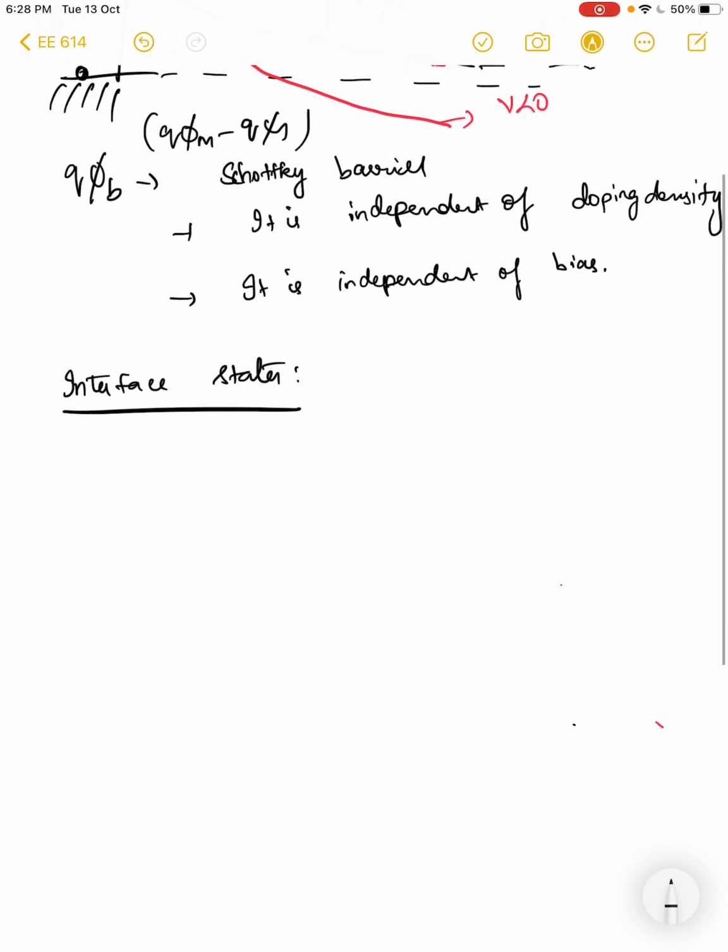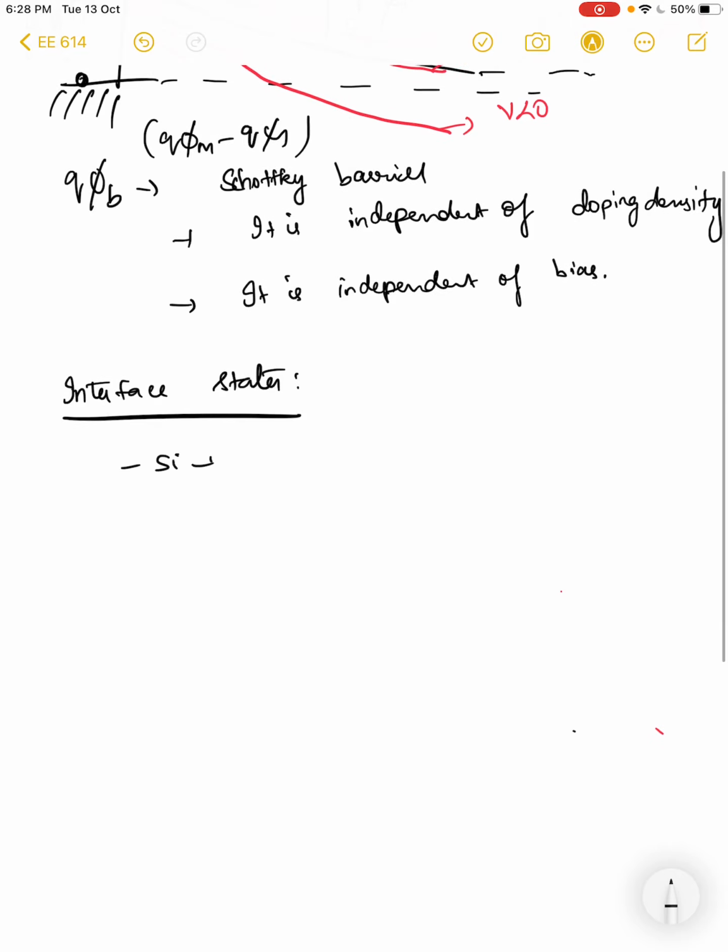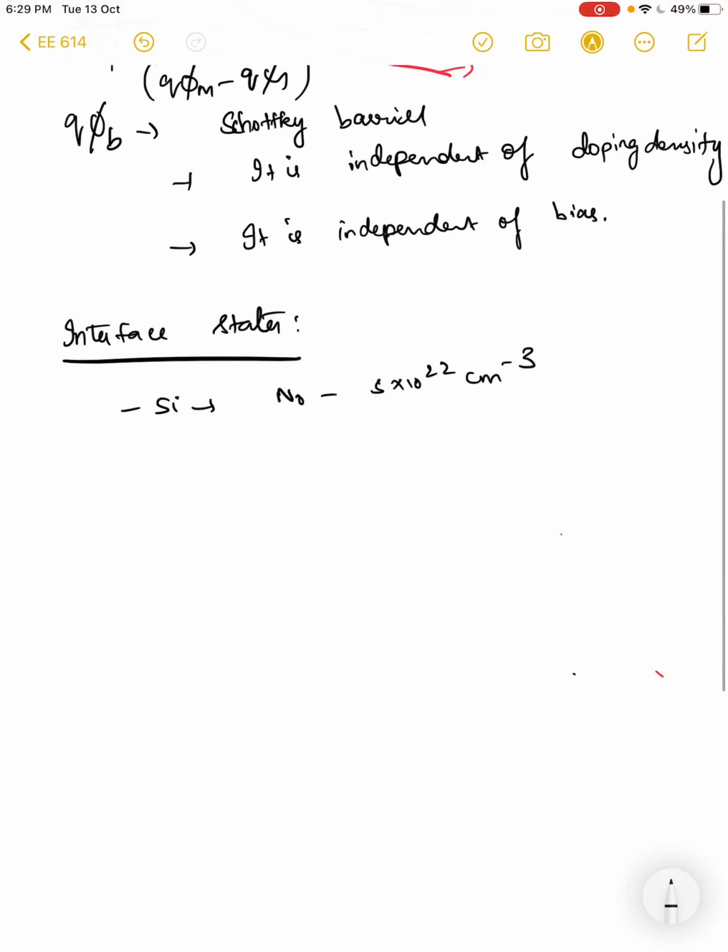Let us take for instance silicon, whose bulk atomic density is somewhere around 5 into 10 to the power 22 per centimeter cube. This is what we saw in the first few lectures, if you remember. Its surface atom density is typically of the order of 10 to the power 15 per centimeter square.